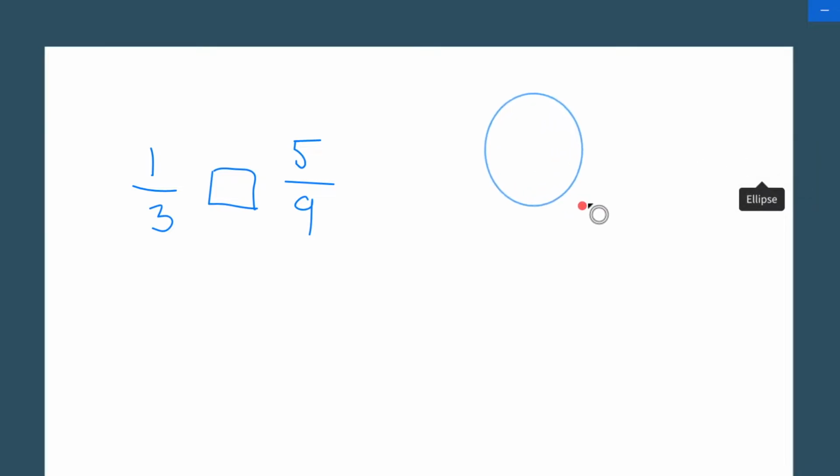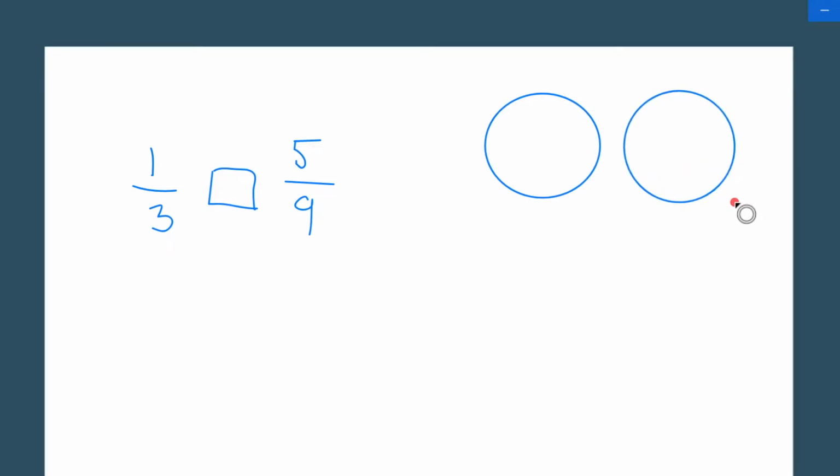So imagine you have two pizzas. Here are two pizzas, and you want to, let's just do half of this, and just gonna divide this into 4 parts.